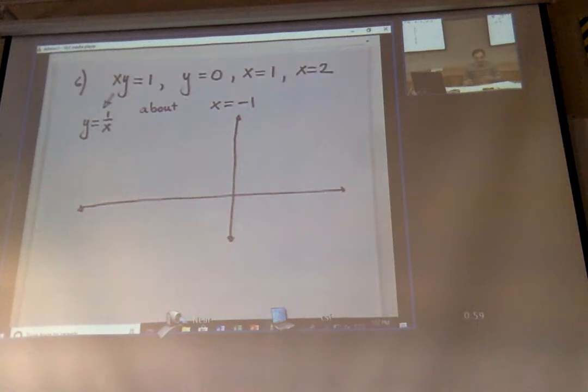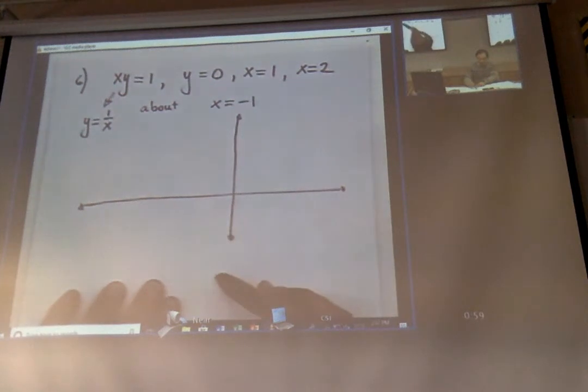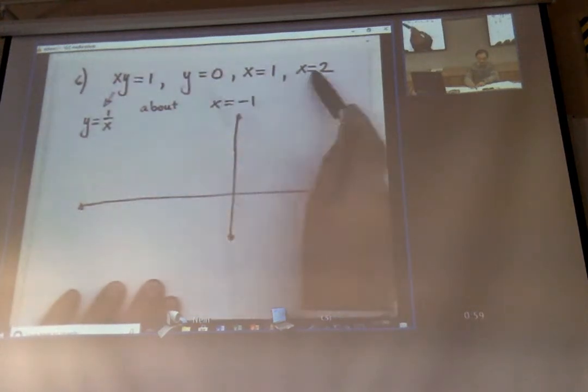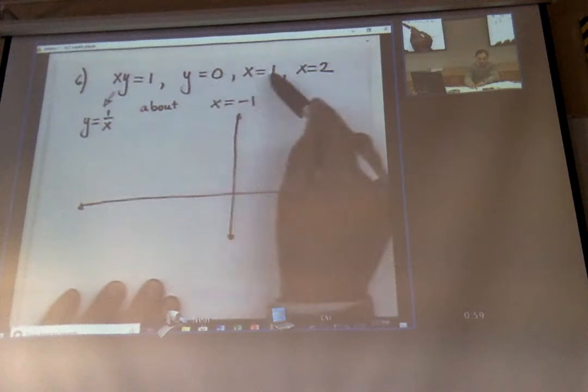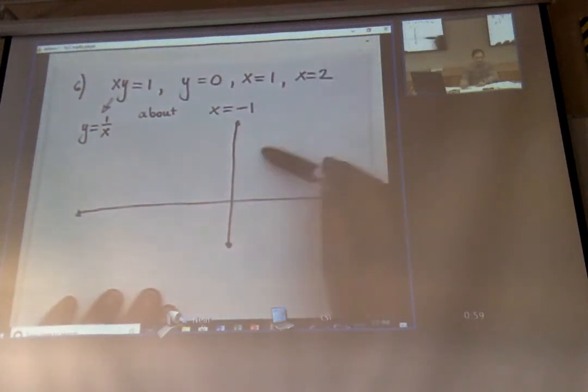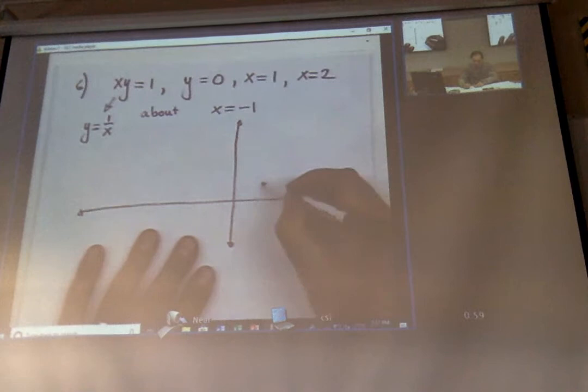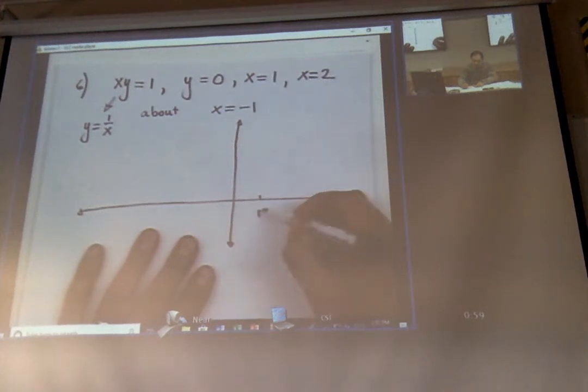If you think about y equals 1 over x, you'll get two pieces, in the first and third quadrants. But all these pieces, x equals 0, y equals 0, x equals 1, x equals 2, will be in the first quadrant. So I'm going to ignore the piece in the third quadrant, only working here. This is my 1, this is my 2.